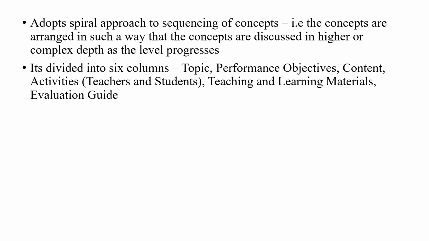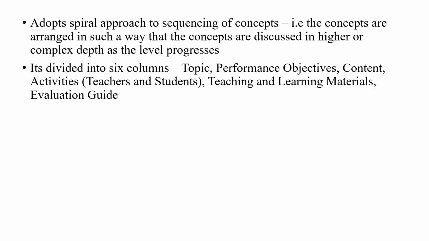But what will be taught at SS1 level will be much simpler than what you have at the SS3 level. So this is what we mean by spiral approach. That is, you have the topics appearing at different levels of senior secondary school.